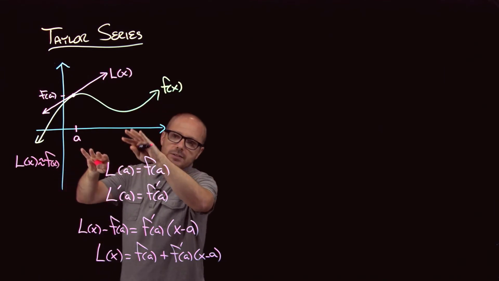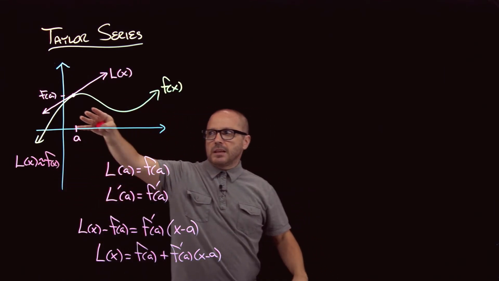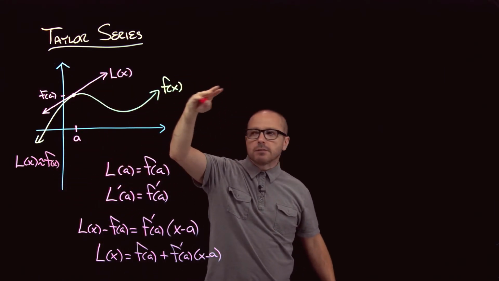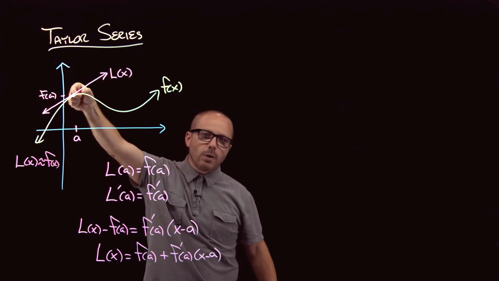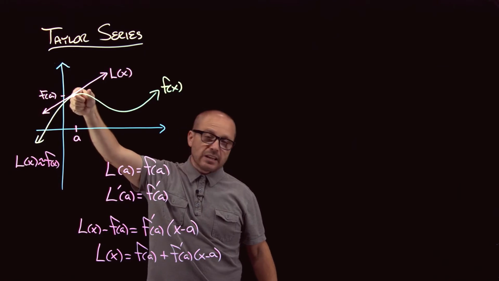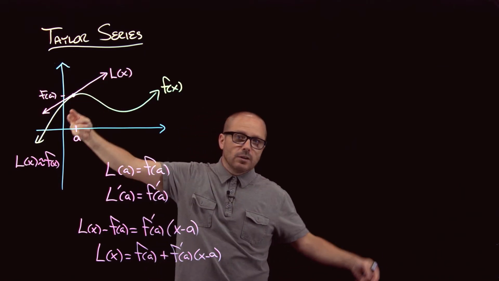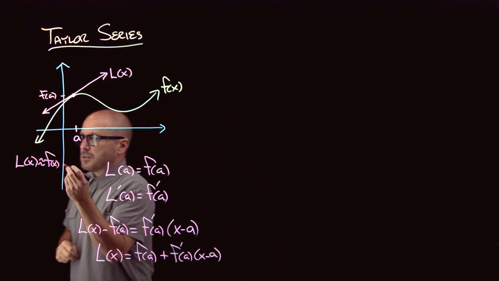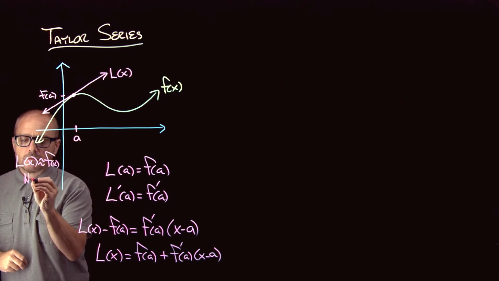The problem with the linearization is it's diverging away from the function, right? So only in some very small region. And depending on how fast the function is changing, that could be a very small region or a larger region. So in general, we would just say near A.